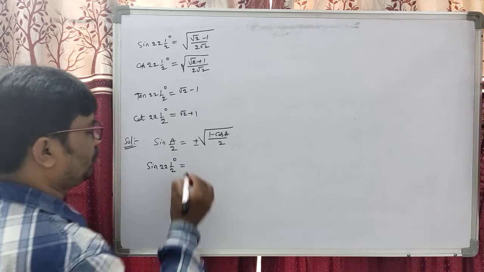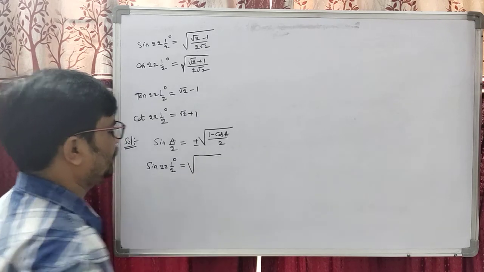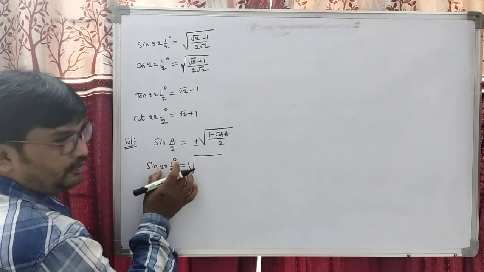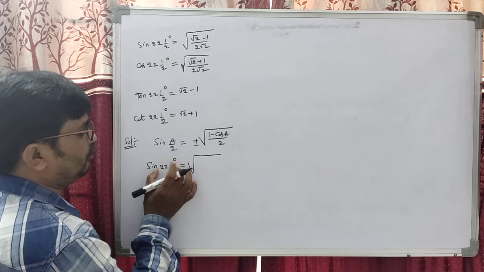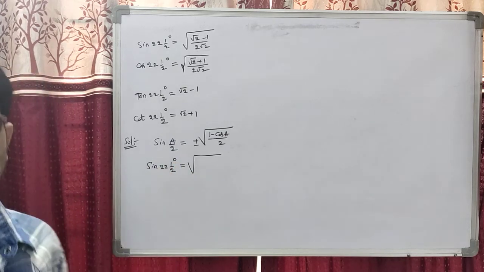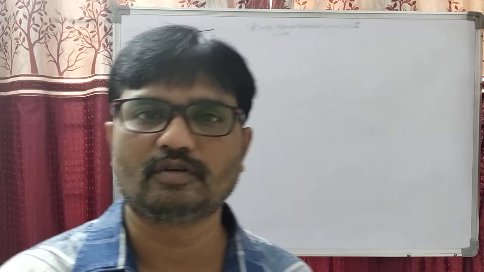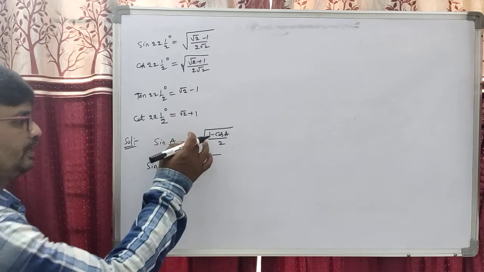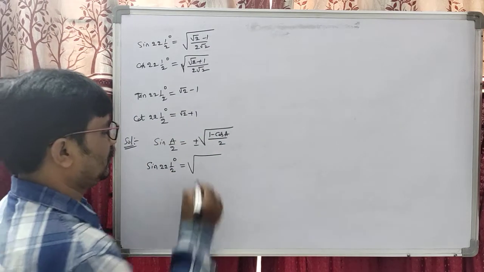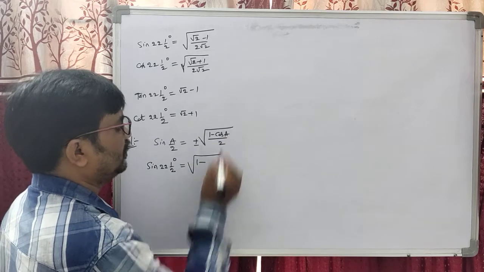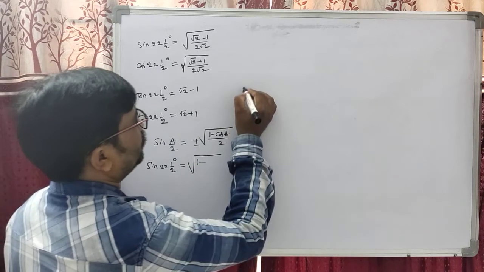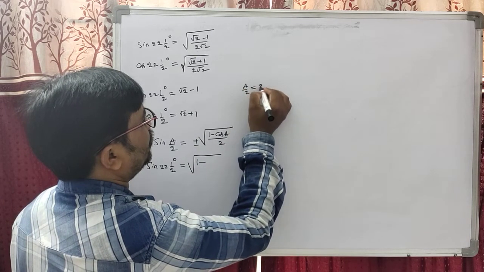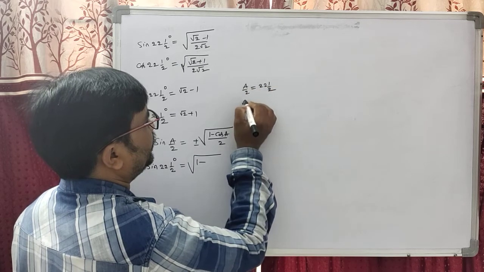Here we take only the plus sign, my dear students, because 22.5 belongs to the first quadrant, and sine is positive in the first and second quadrants. So therefore we take only the plus sign, root of (1 minus cos A)/2.